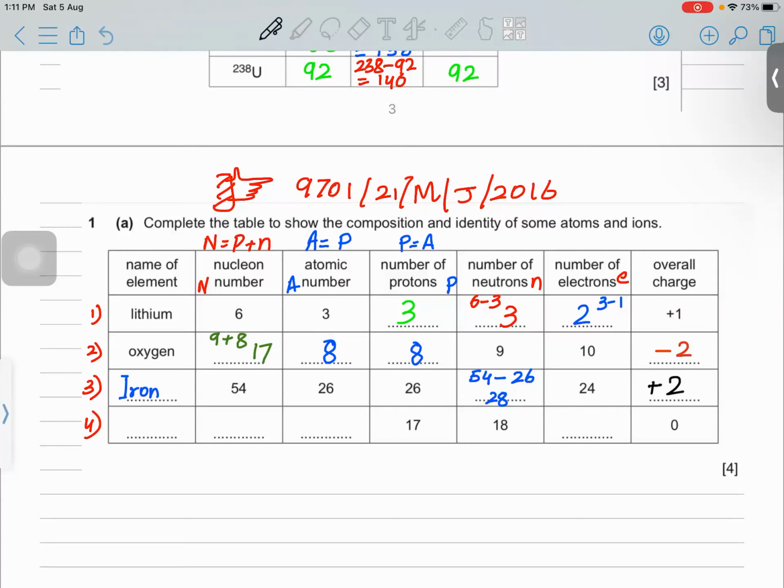Because there are 2 fewer electrons compared to protons. Yes, 2 fewer electrons. Very good. Or you can say that here we have 2 more protons than electrons, right? And why 2? Because the number is 2. Okay. Very good.